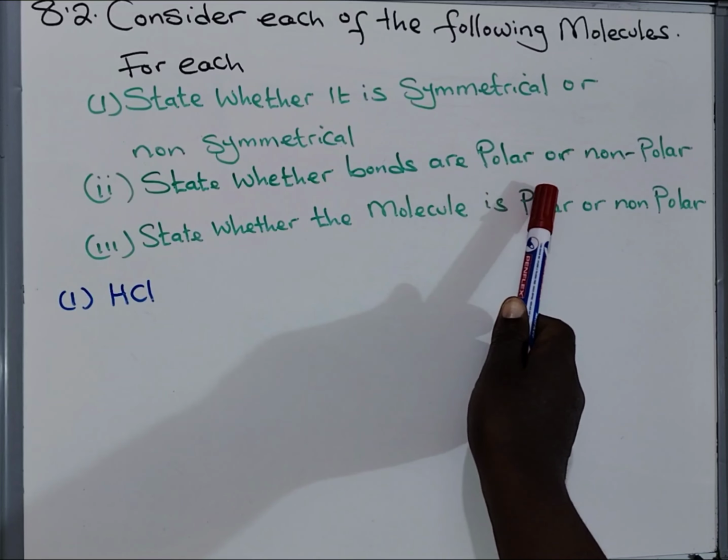Okay. Bonds, are they polar or non-polar? Oxygen is different from hydrogen, and this oxygen is also different from hydrogen, so the bonds are polar.